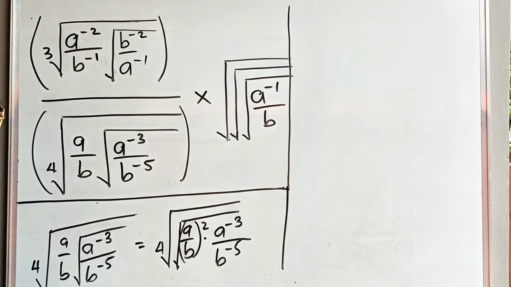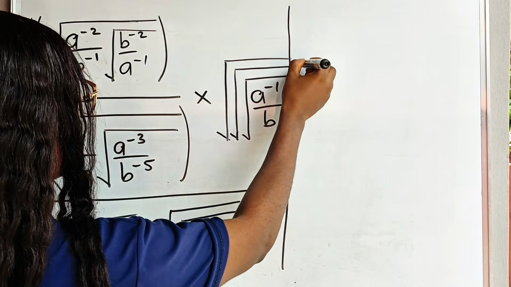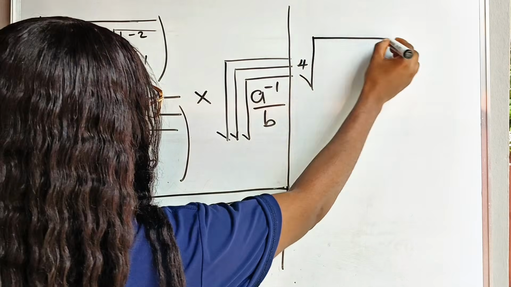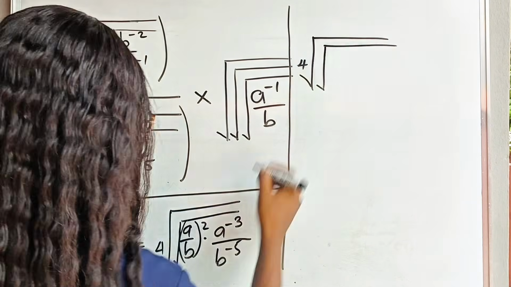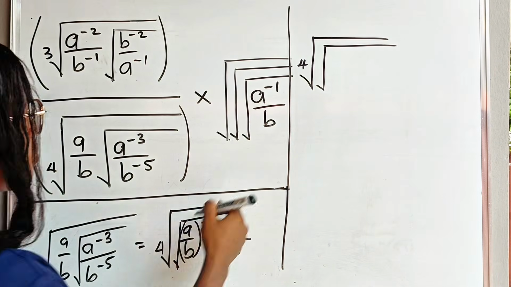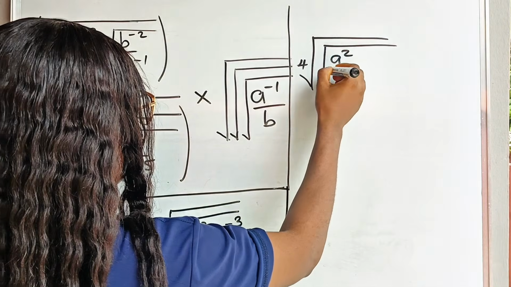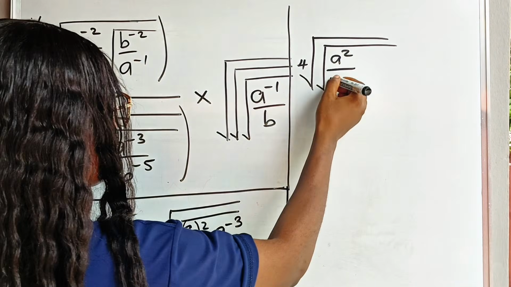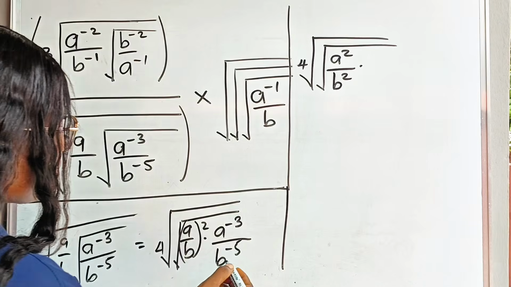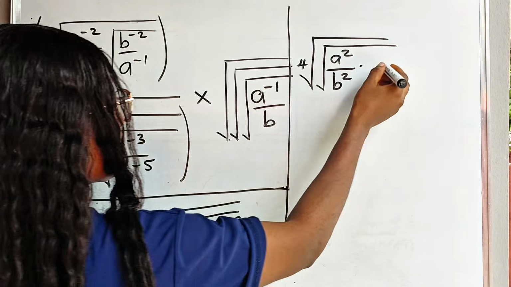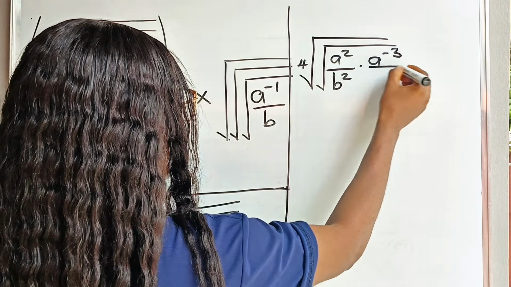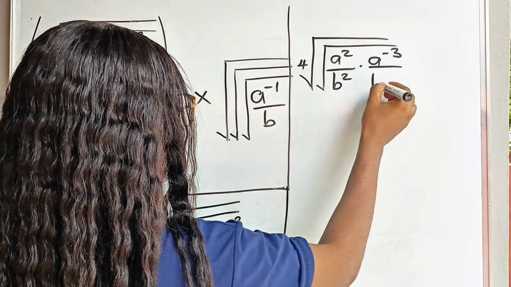Now, moving forward, we have the fourth root of the square root of a squared, right, over b squared multiplied by a to the power of negative 3 over b to the power of negative 5.